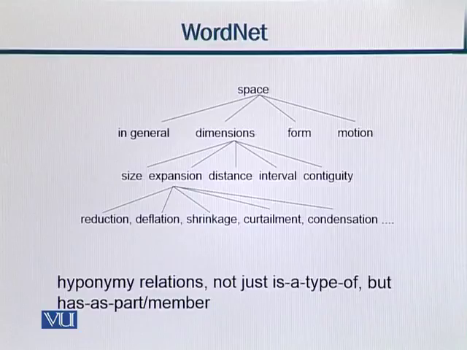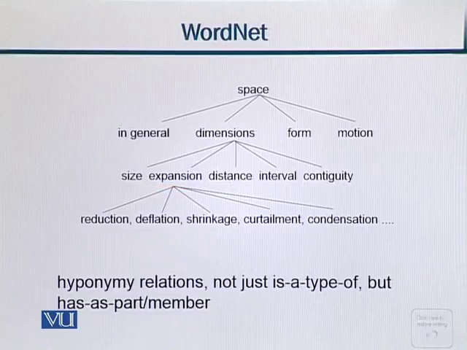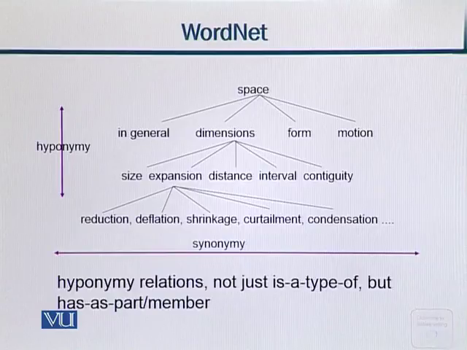Space has dimensions. In the dimensions we have size, expansion, distance, interval, and so on. And expansion has reduction, deflation, shrinkage, and so on. For presenting this information, on the x coordinate, basically we say these are synonyms. Synonyms are those words which have the same meaning, and on the vertical side we have hyponyms.